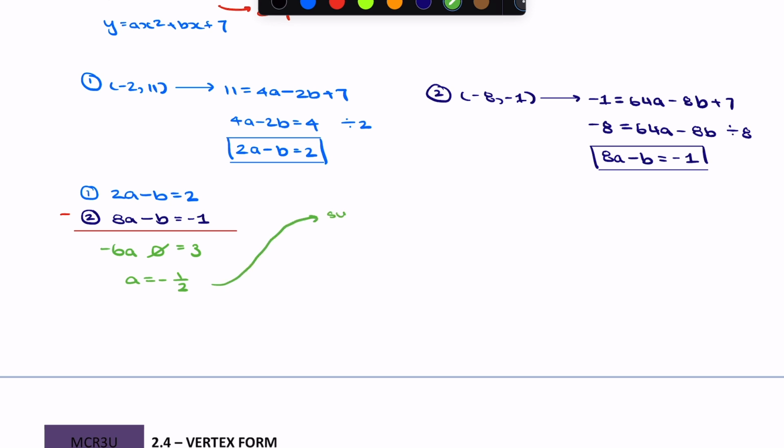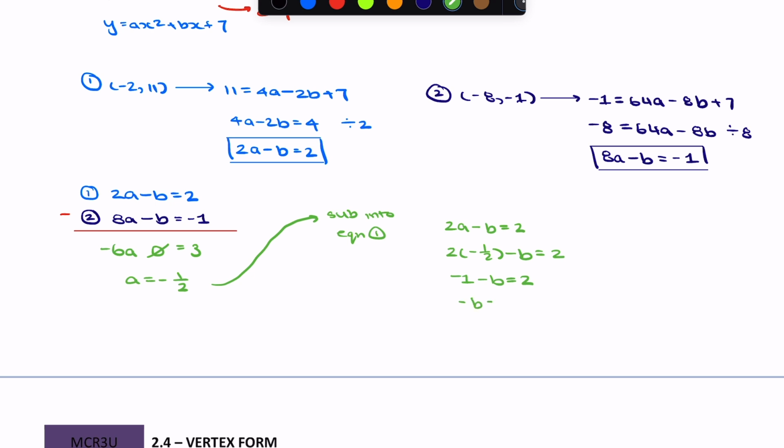Now again, we'll sub back into equation 1. Again, you could sub into equation 2 as well to give you the same answer. So here we get 2a minus b is equal to 2. Sub in negative 1 over 2. We'll get negative 1 minus b is equal to 2.